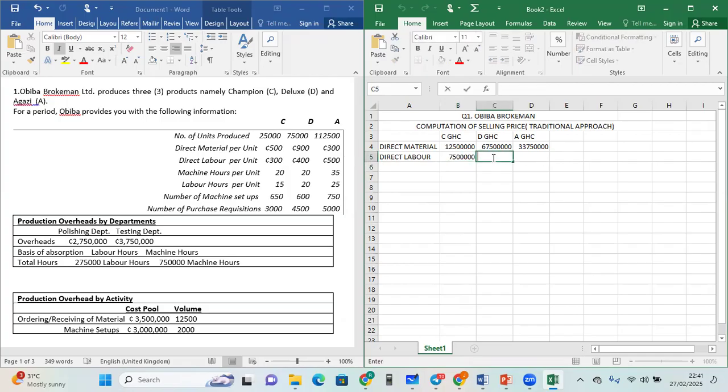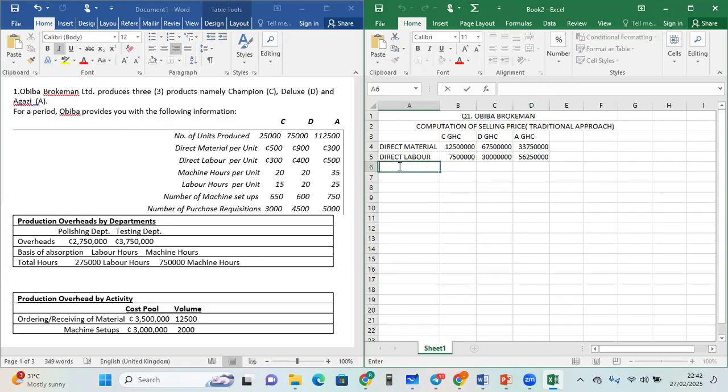Here it is going to be equal to 75,000 times 400. It is the direct labor cost per unit. And then here, it is going to be equal to this 500. All right, so that's it.